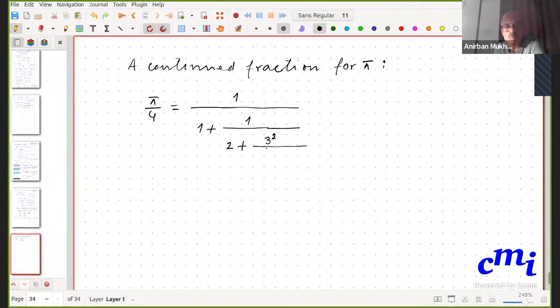So far we have been considering continued fractions where all these numerators are 1. That is not the case here.